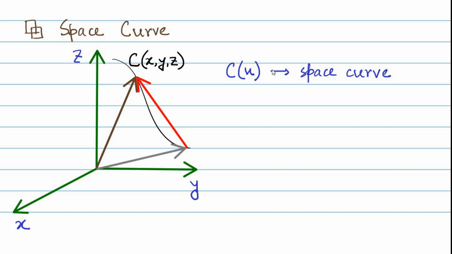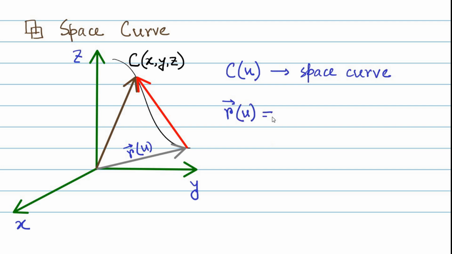But now, since the curve is parametrized by a parameter u, these x, y, z's will also be functions of u. So the position vector that traces out this curve, let us call it r, small r, which is a vector, will be a function of u. And this can be explicitly written in this coordinate system as follows.